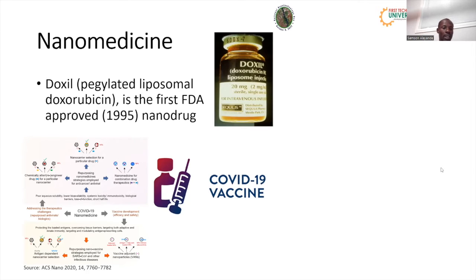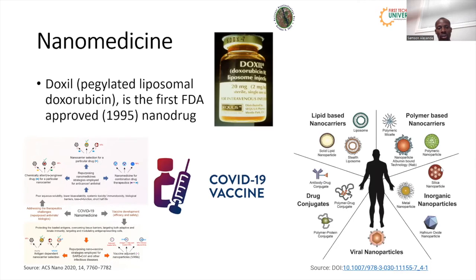The truth is that nanotechnology plays several roles, which led to a combination of many therapies in the area of medicine. And this has led to the development of novel drugs and novel therapy techniques.